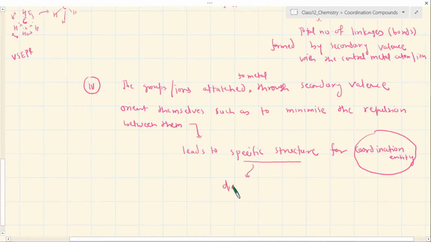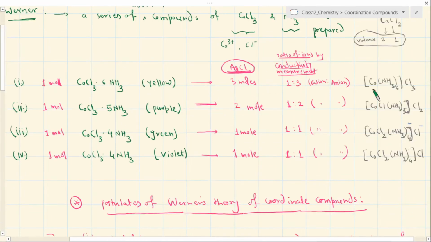This is directly related to the coordination number of the central metal atom or ion. So 6 groups will orient only in a certain way in space.